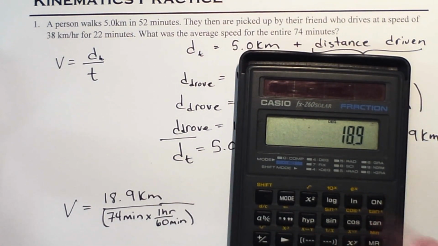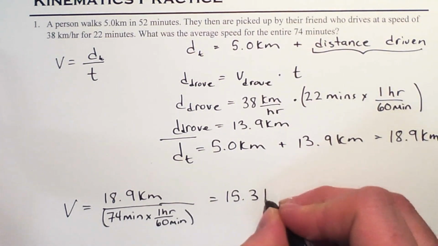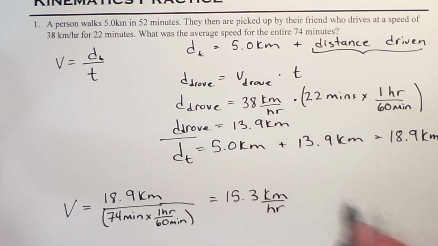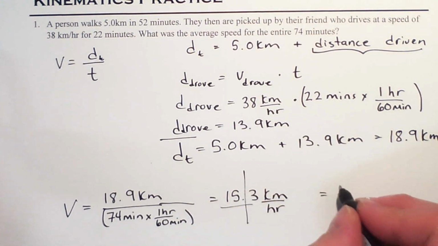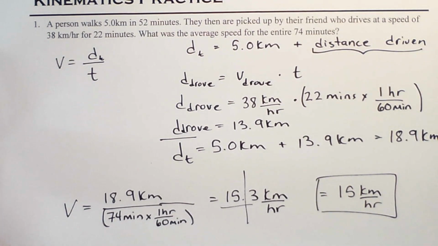So that's 18.9 kilometers divided by 74 divided by 60 equals 15.3 kilometers per hour. I only have 2 significant digits. Equals 15 kilometers per hour will be the average speed.